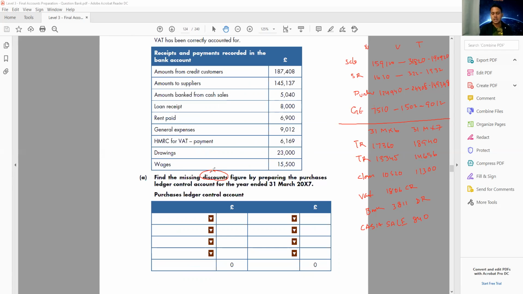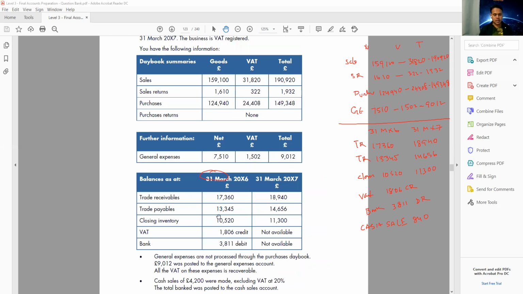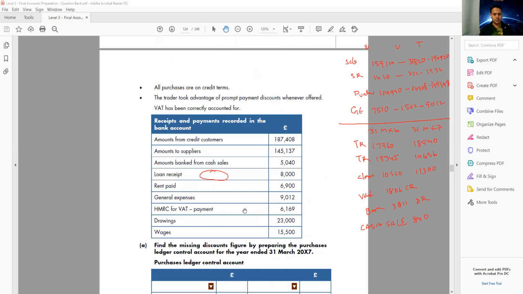Opening balance. First, we start with the opening balance. So we have a trade payable. Let me go back. Trade payables, 13,000.